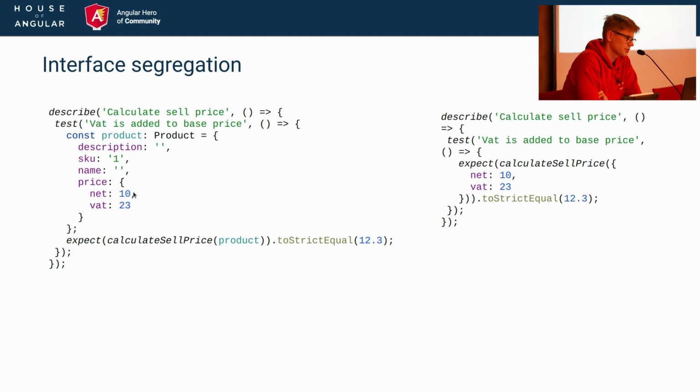In the first example on the left, we need to create the whole big product object, which has properties like description, SKU, name, which are not needed to calculate the sell price. And the amount of code duplication in your test will be huge. And wherever you want to change something, for example remove a property like description, because we say we don't need description anymore, then you need to change your tests.